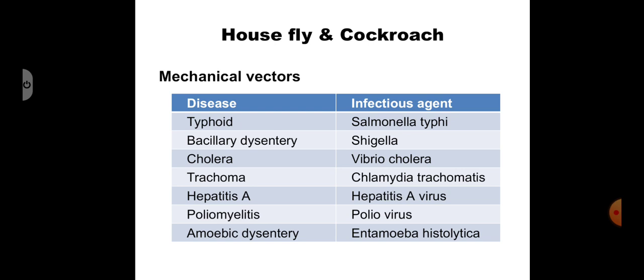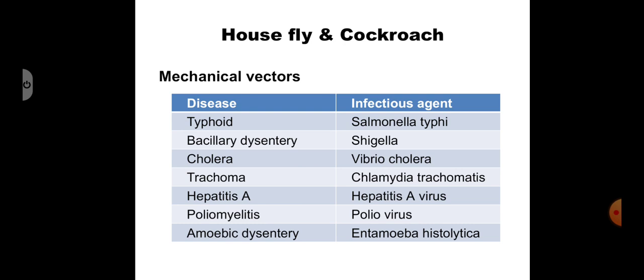Now, housefly and cockroaches are mechanical vectors. That is, the pathogen is only present on their body, and doesn't have any life cycle part in it. So, let us see the list of diseases caused by housefly or cockroaches. It can be typhoid by Salmonella typhi, bacillary dysentery caused by Shigella, cholera caused by Vibrio cholerae, and trachoma caused by Chlamydia trachomatis.